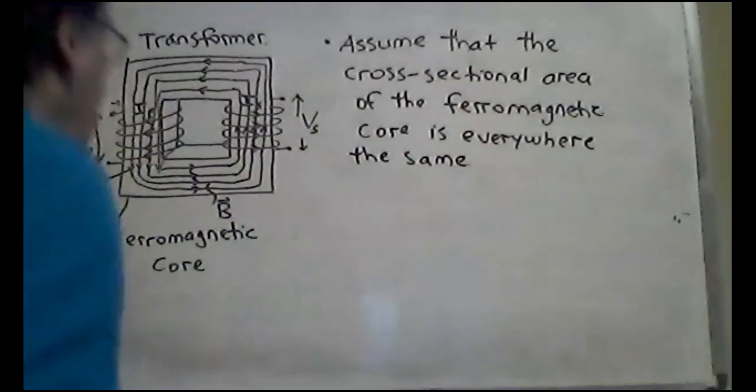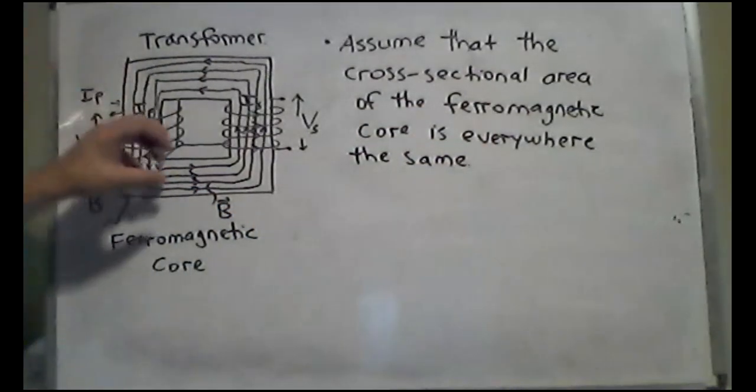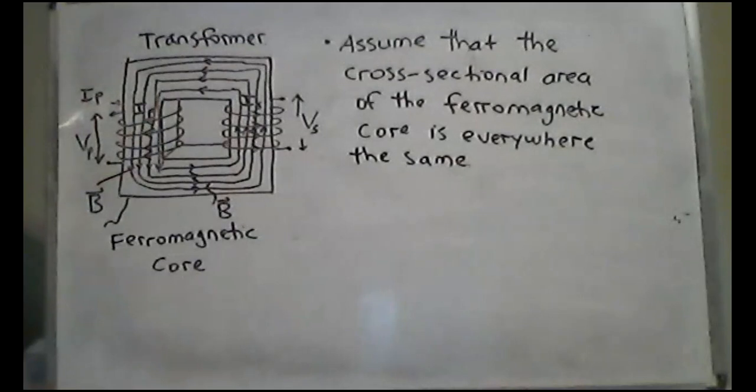That means that's the area which the magnetic field goes through. That cross-sectional area is everywhere the same.